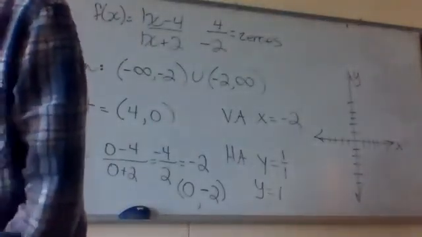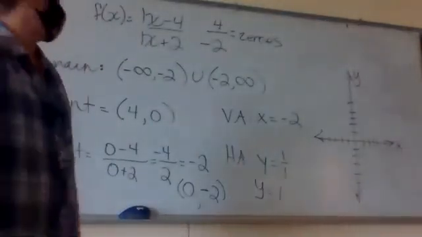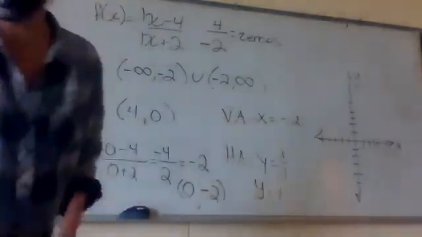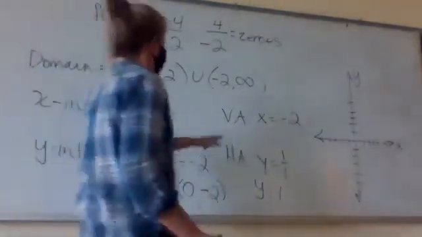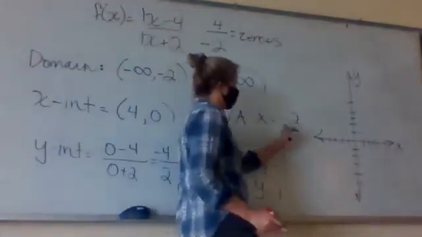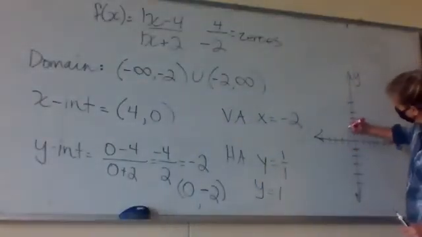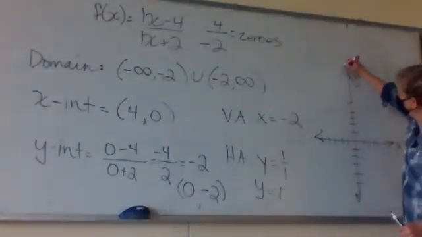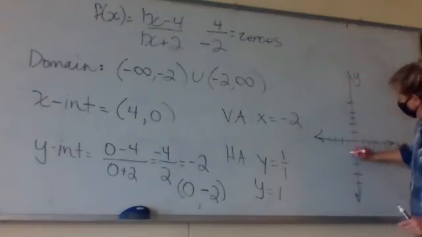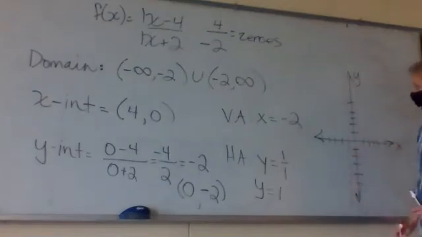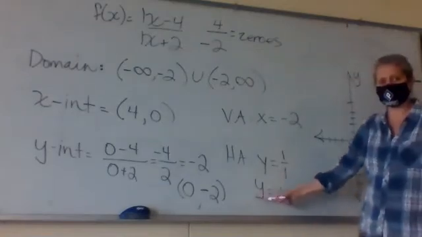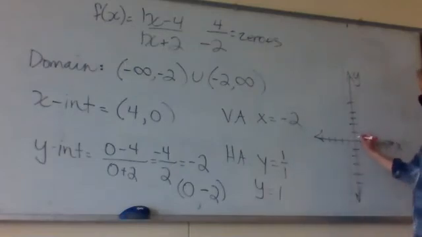So again, it looks like we're going by 2s. Each hash mark is going by 2s. Let's put in our asymptotes first. This vertical asymptote is x equals negative 2. Since these go by 2s, your only vertical asymptote will be right here. Your horizontal asymptote is at y equals 1.